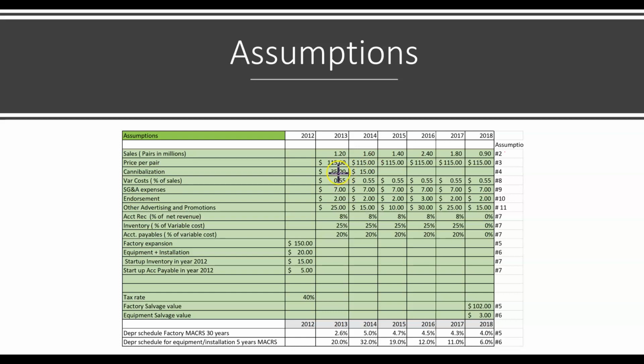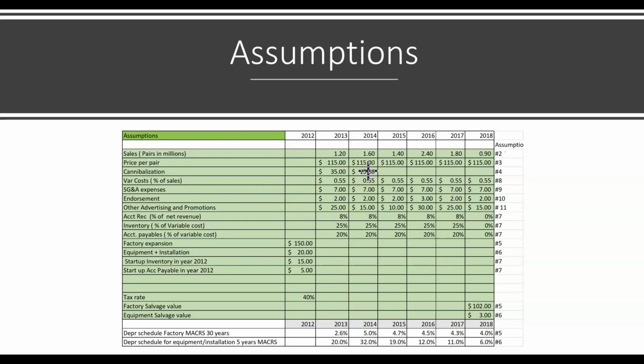So they estimate that there will be cannibalization, also called erosion, which means that the revenue from the other sneakers that are currently in production will get cannibalized because people will buy new sneakers. So they have to estimate what the cannibalization will be. They've estimated the cannibalization in 2013 to be 35 million, and in 2014 to be 15.